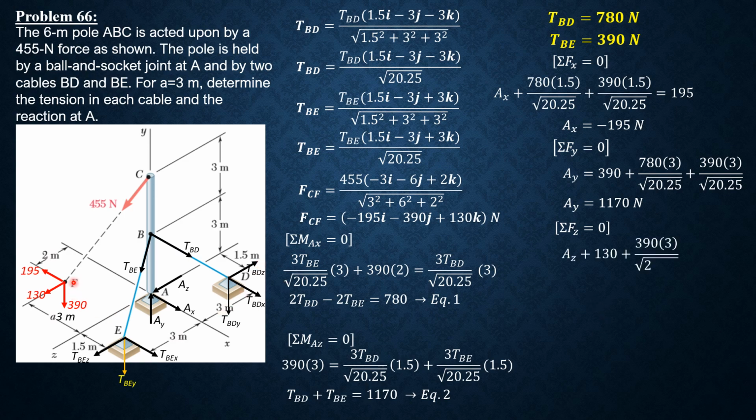Solving for AZ, AZ is 130 newtons. So the reaction at A in vector form is quantity negative 195I plus 1170J plus 130K newtons. So that's the reaction at A in vector form. So that's it for this problem.